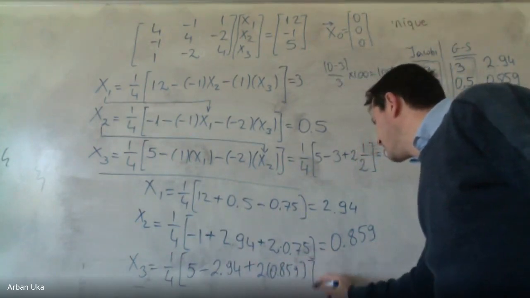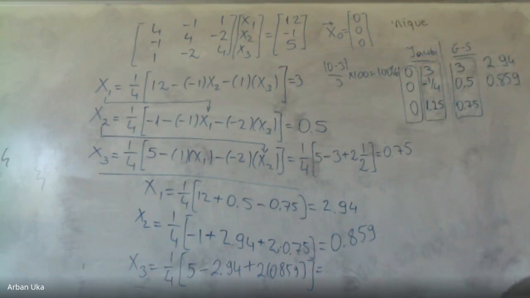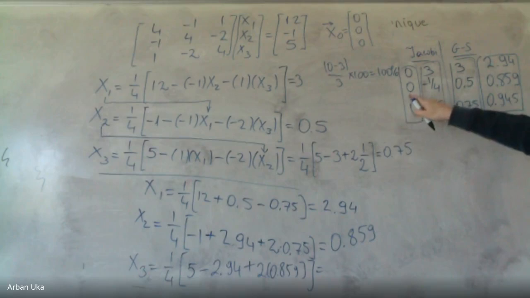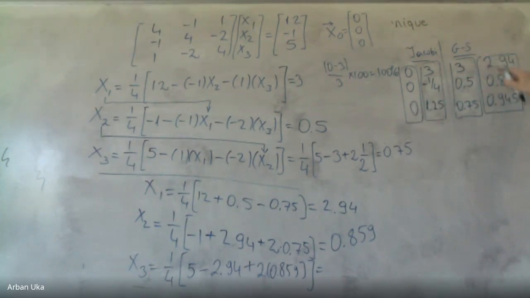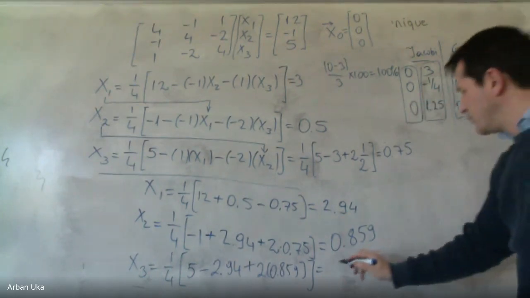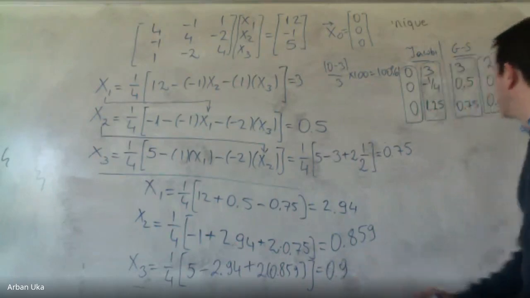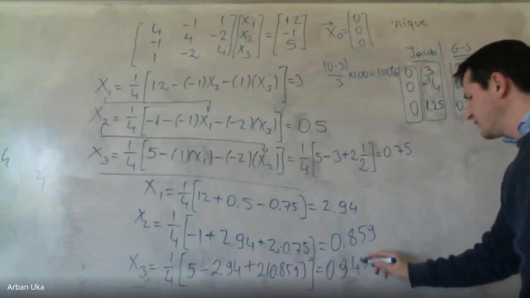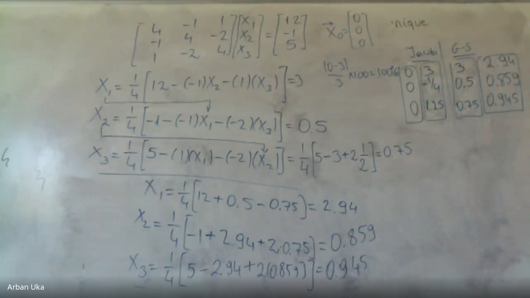If we substitute all the values, we get a value of 0.945. Okay? So we started with 0, 0, 0, we get this, and now this. So this is 0.945. Okay, so this is how the Gauss-Seidel method works.